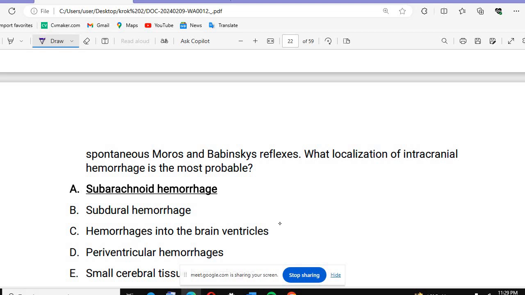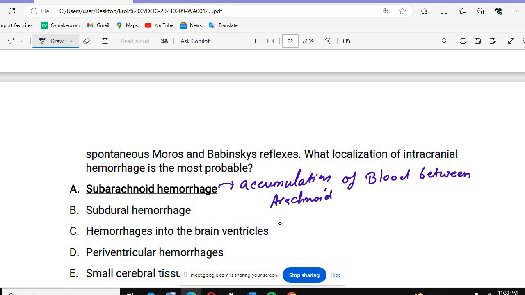In subarachnoid hemorrhage there will be accumulation of blood between the arachnoid mater and the pia mater, that is, in the subarachnoid space.